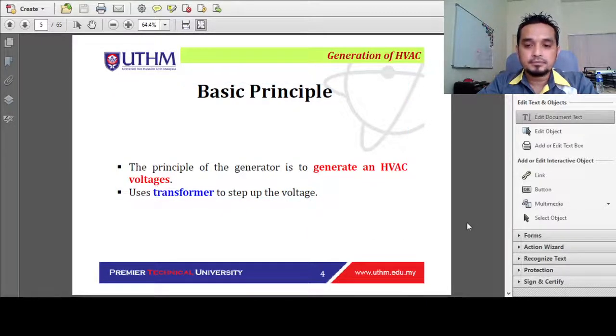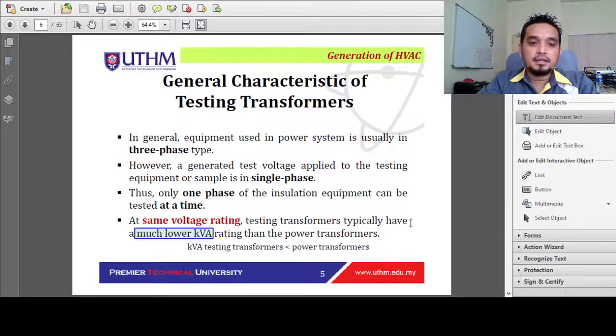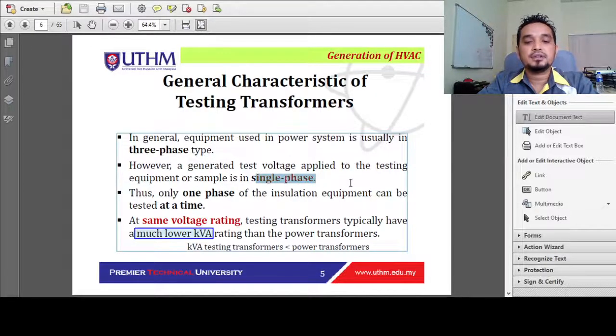The general characteristics of transformers: we have three-phase and single phase. The single phase is normally used for testing in the laboratory, and the three-phase is commonly used in practice by the power utility.